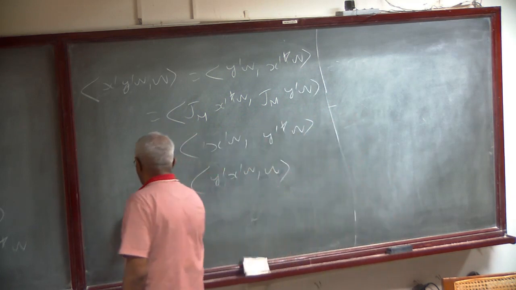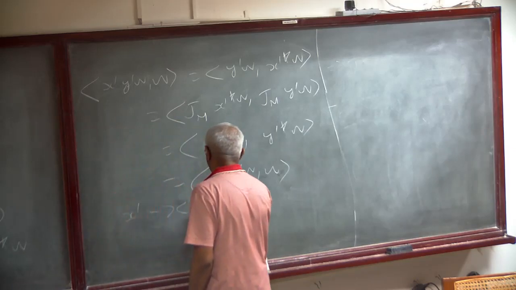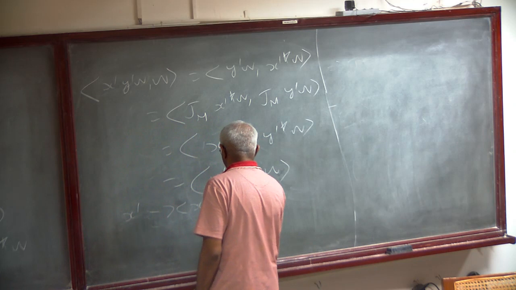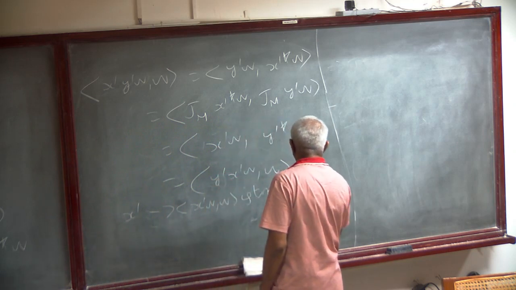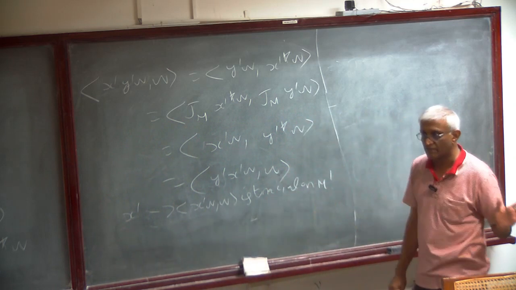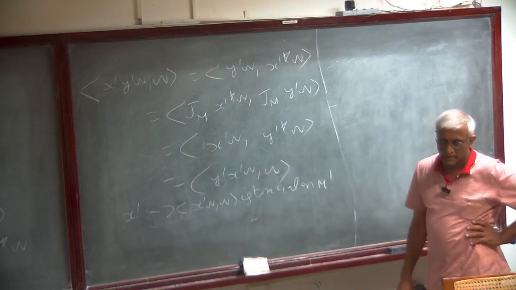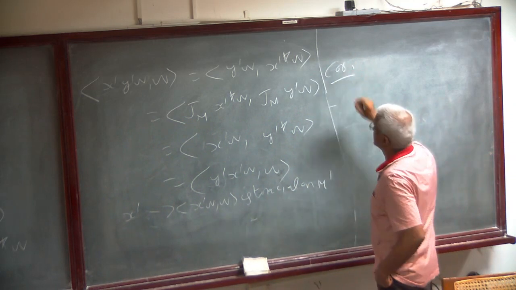So this implies x prime going to this trace on M prime. So M prime is also in standard form. That's what it is. That's all. This is Tomita-Takesaki.